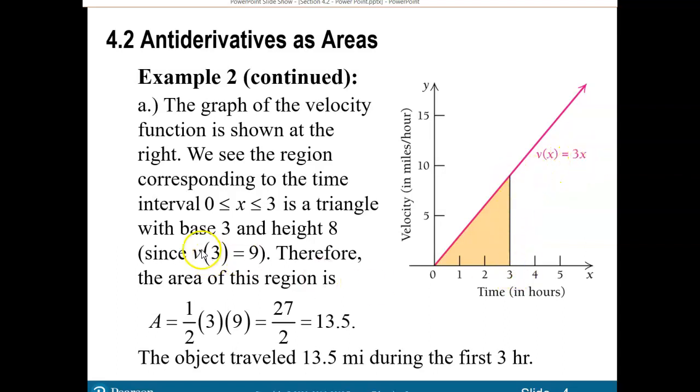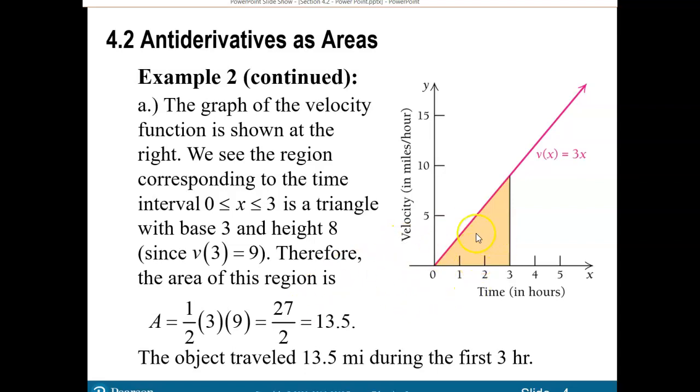So v of 3 would be 9. Therefore, the area of that region, for a triangle, we use 1/2 base times height. So 1/2 times 3 times 9 is 27 over 2, or 13.5. So the object traveled 13.5 miles in the first 3 hours.